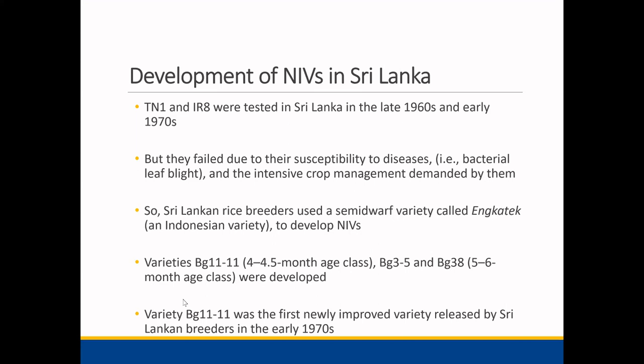In 1972, the Department of Agriculture decided to improve short duration varieties, because the initially developed newly improved varieties had a duration of more than 4 months. BG1111 is 4 to 4.5 months, while BG35 and BG38 are 5 to 6 months.